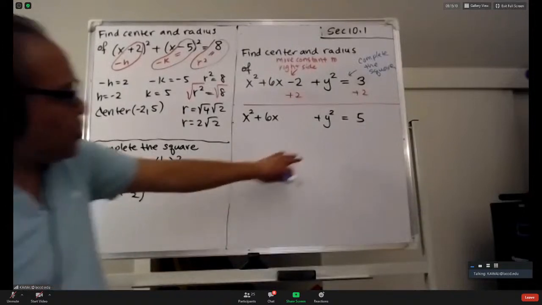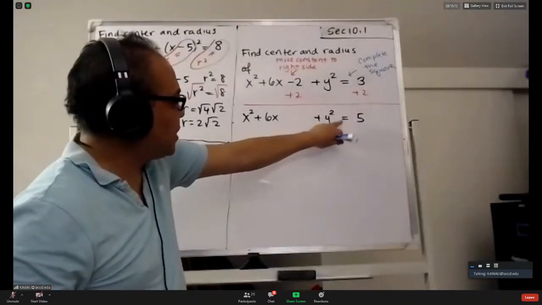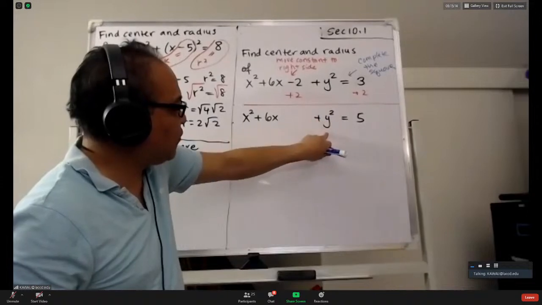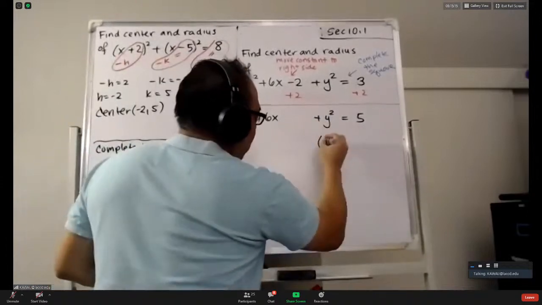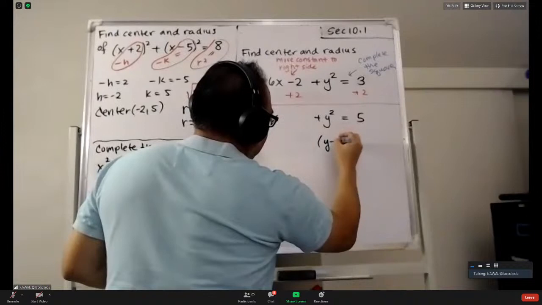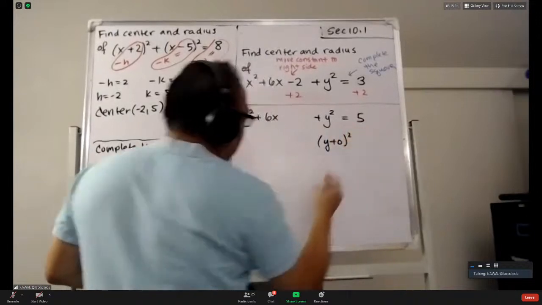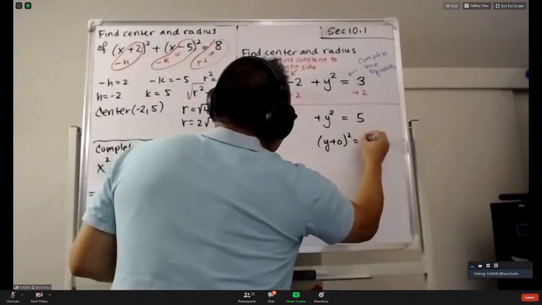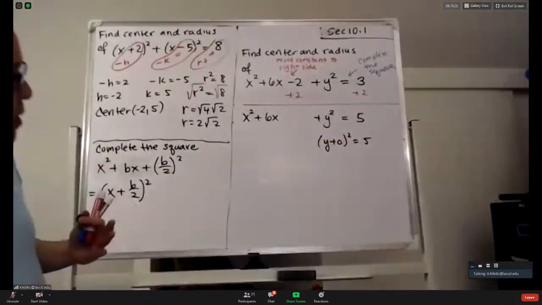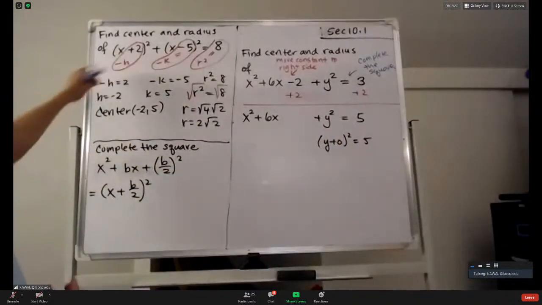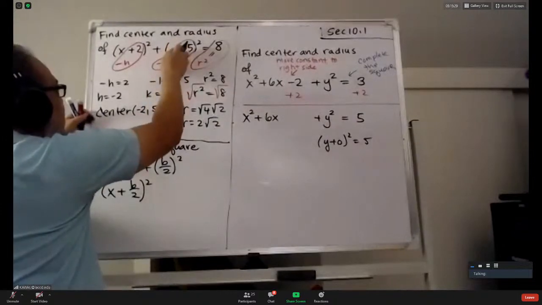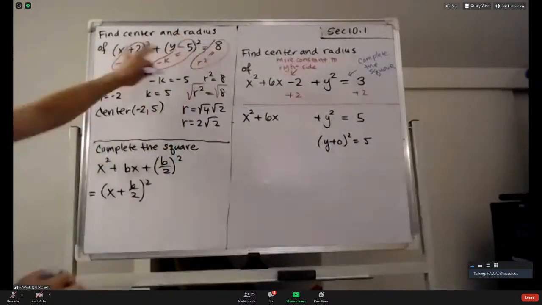Now, I don't have to worry about completing the square here because I don't have something with a y. This is fine. This will turn into y plus 0 squared. So in terms of what I have over here, I'm happy, right? I can make it look like this.